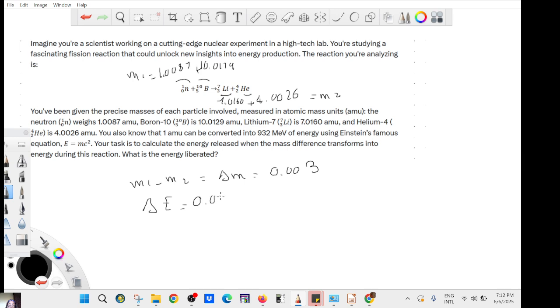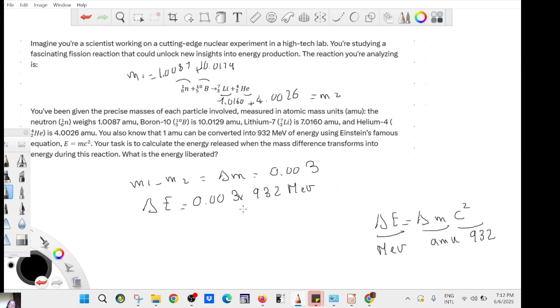So it's going to be 0.003 times 932 MeV. Okay, because again, delta E equals delta M c squared. So if this is 932, the unit here will be AMU, atomic mass unit, and that will be in MeV.